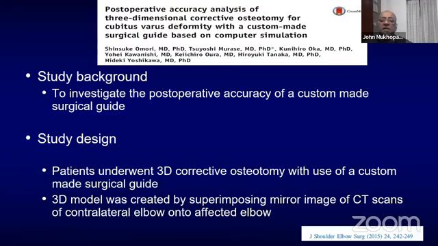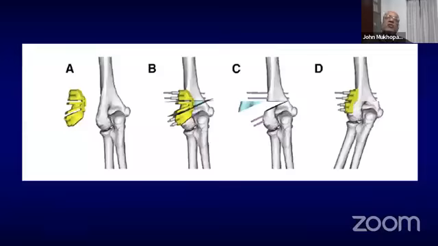So this study by Japan talks about these 3D corrective osteotomies using a custom-made surgical guide and plate. And so this is the way things are moving as we get more and more sophisticated, and people expect more and more perfect correction from these osteotomies. And that's the kind of jig that you have, osteotomy that you can do.